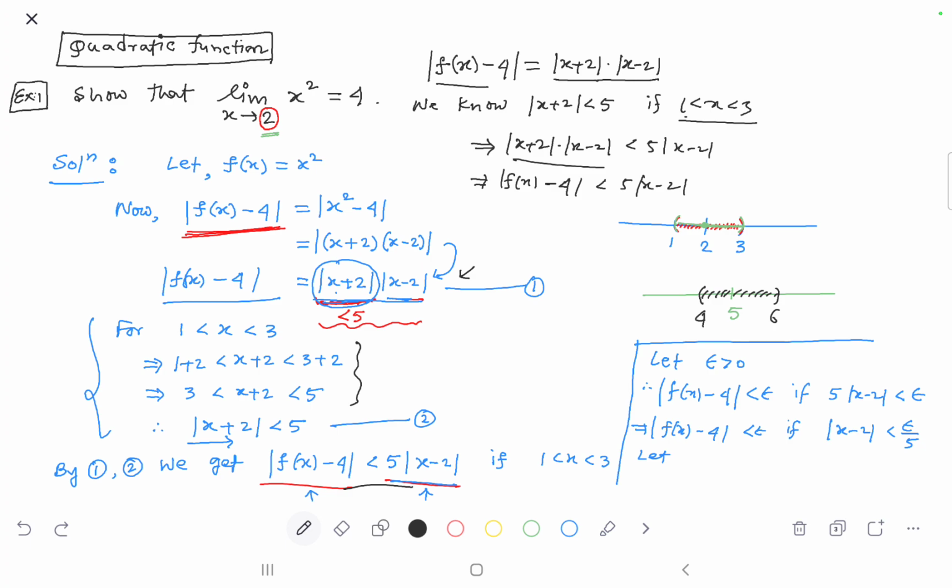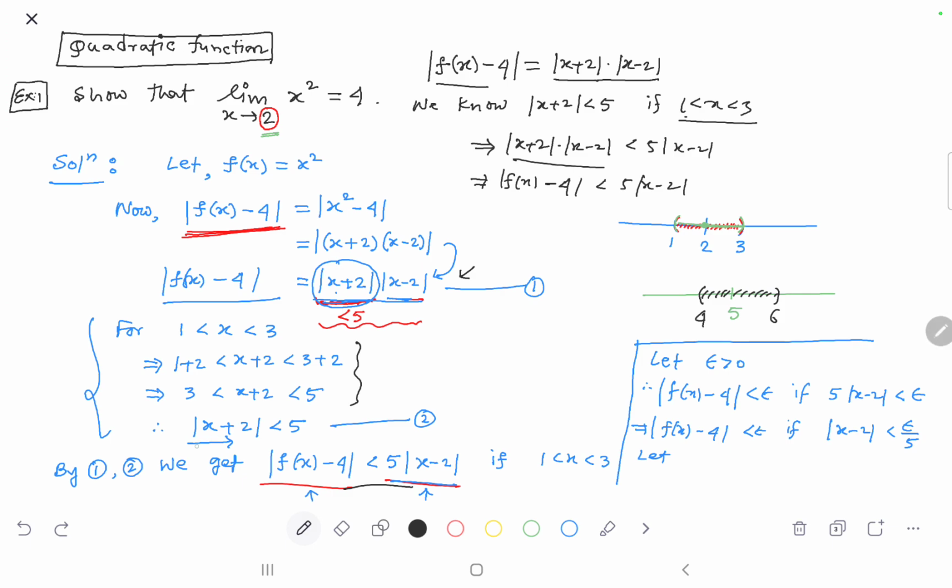Wait, let me get this clear. So the absolute value of x plus 2 is less than 5, from going in between 1 and 3 and doing the operation to get x plus 2 less than 5. Then how do you say that x plus 2 times x minus 2 is less than 5 times x minus 2?